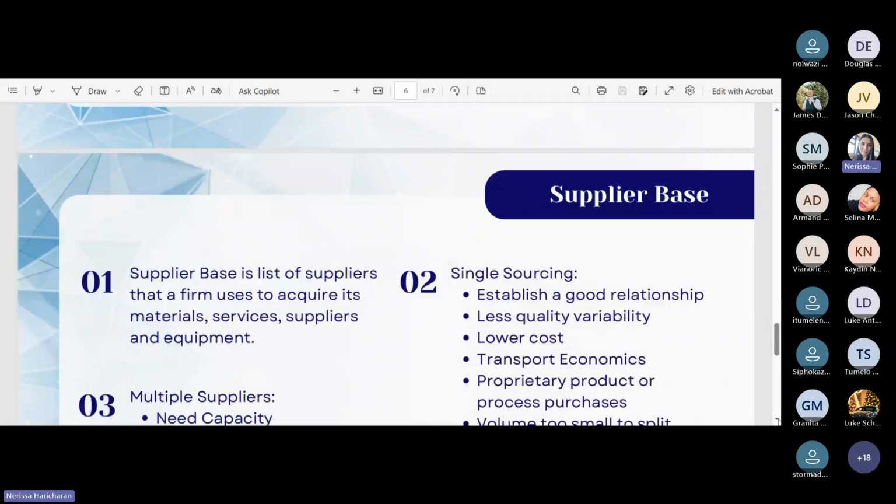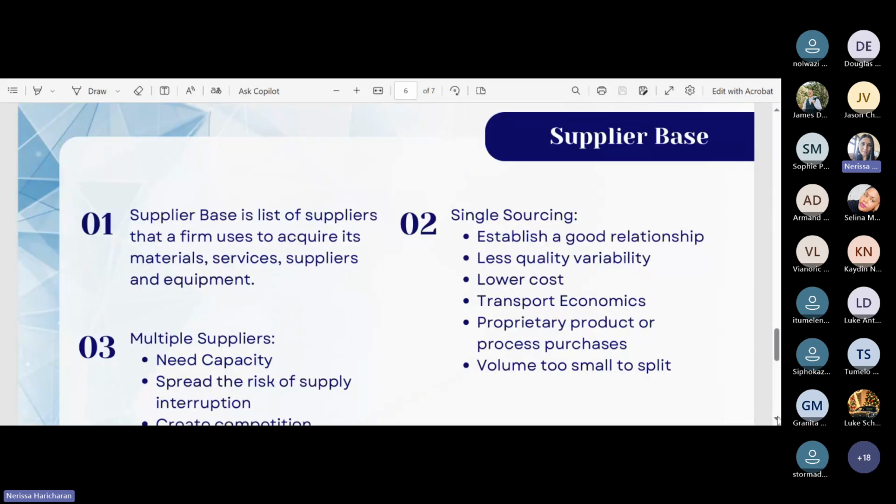Okay. Then we move on to supplier base. And supplier base is basically a list of suppliers that a business uses to acquire materials, services, supplies, and equipment from. So this is a list that procurement would generally draft up. A lot of times they use automated systems, like for instance, through SAP, they would use a system called Ariba, where they would onboard suppliers based on the criteria that we've ticked, so the different KPIs.